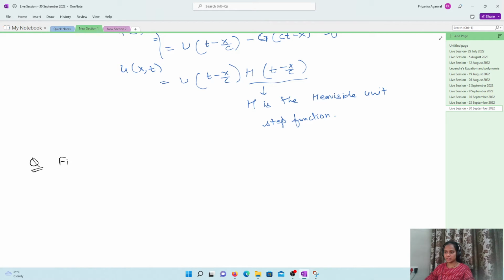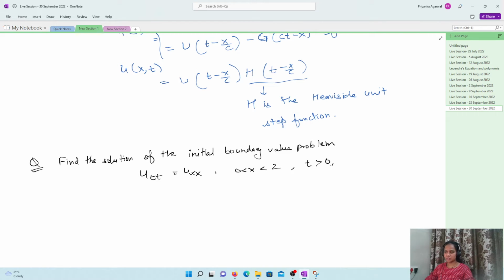Where we have to find the solution of the initial boundary value problem, which is utt equals uxx, with x lying between 0 and 2 and t greater than 0.